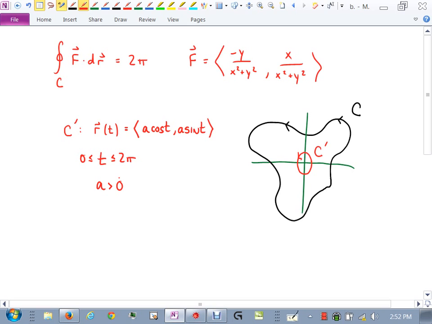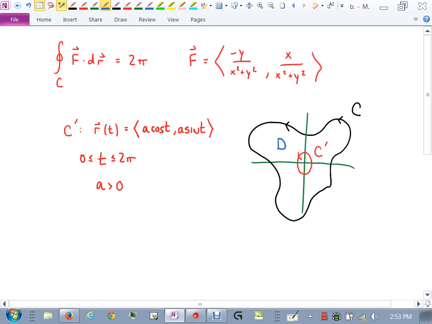So the C prime is a circle of radius A, centered at the origin. So that little C prime should also include the origin in it also, right? Okay. Now, what I've done is I've created a region D, which is the region between them, right?